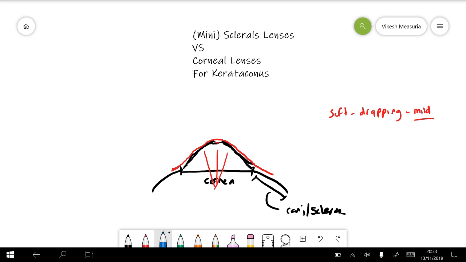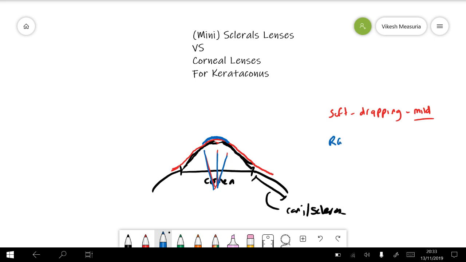The alternative is what we call corneal lenses. These are typically very small, rigid gas permeable lenses, and these are again riding and resting on the surface of the cornea. They're generally much smaller, so they do tend to move around a little bit, but essentially they try to create a new surface to focus the light.